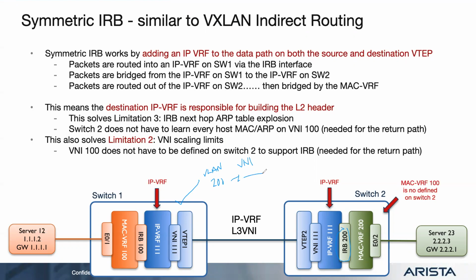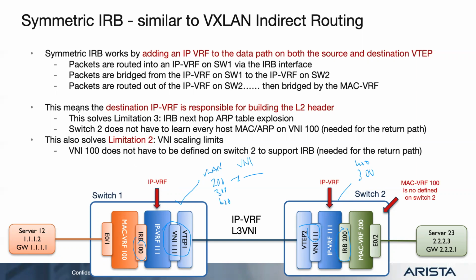That's not needed. What you need is the VRF to VNI mapping, which is common on both ends. If there are VLAN 300 here and 400 here, you don't need to configure VLAN to VNI mapping for 300 and 400. You just need to configure VLAN to VNI mapping for your local VLANs and SVIs, which is 100.